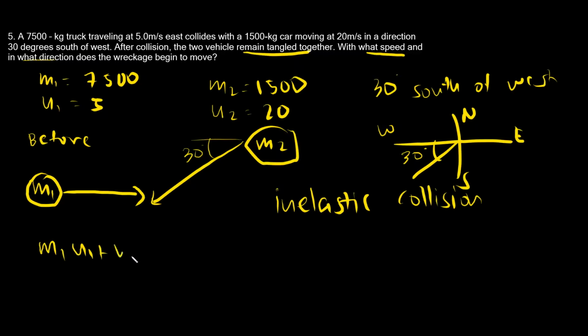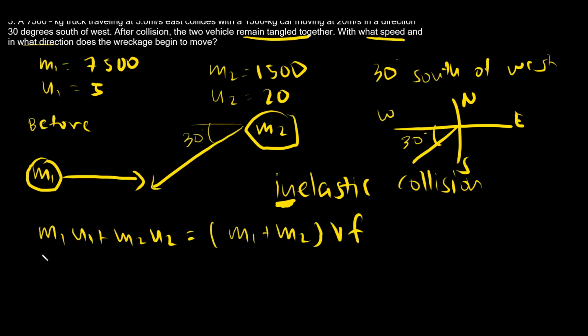M1 U1 plus M2 U2 is equal to, since it is inelastic, you add the two masses, M1 plus M2 times the final velocity. Okay, so substitute. Now, take note that in our previous problems, our direction was only along the x-axis.